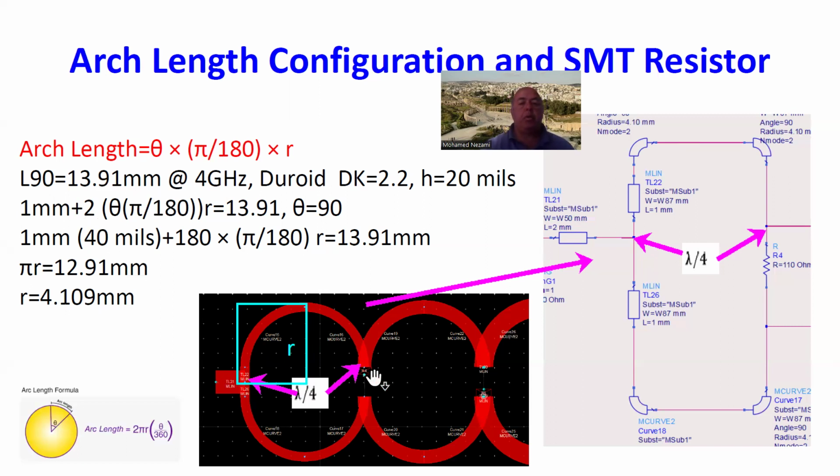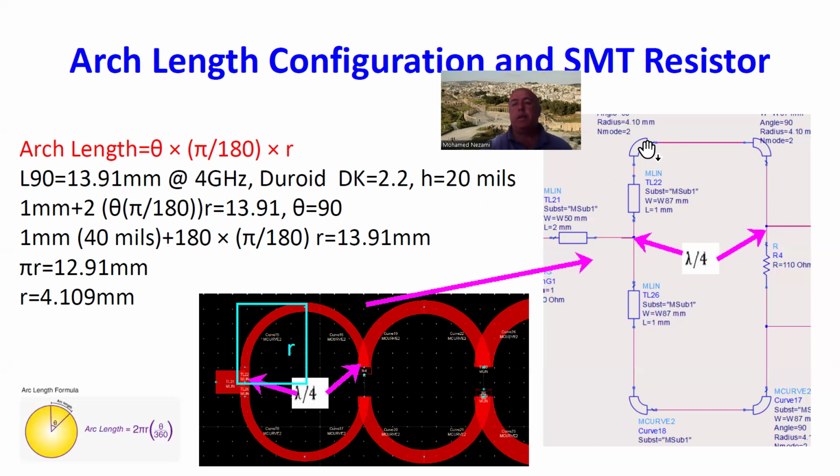Therefore you have to subtract half of the length of this resistor. This resistor in this particular case is 2 millimeters, so half of the 2 millimeters is 1 millimeter. So 1 millimeter plus 2 arcs should give me 13.9, which is a quarter wavelength. And of course, the angle is 90 degrees in this case for each arc. And the solution for this was that the radius is 4.109.